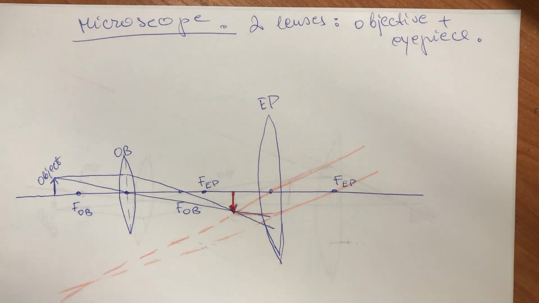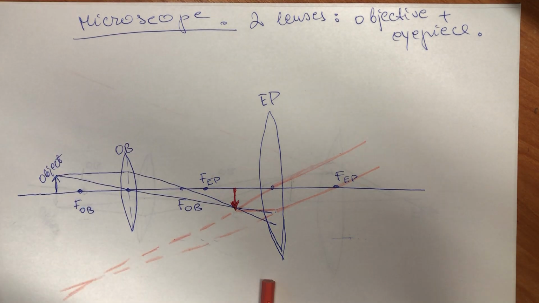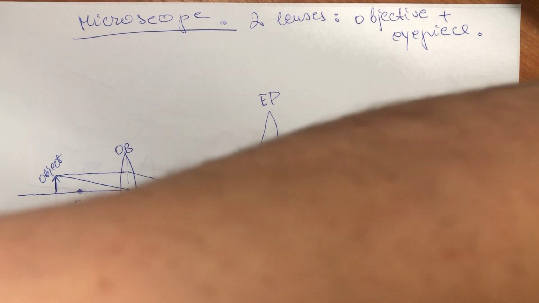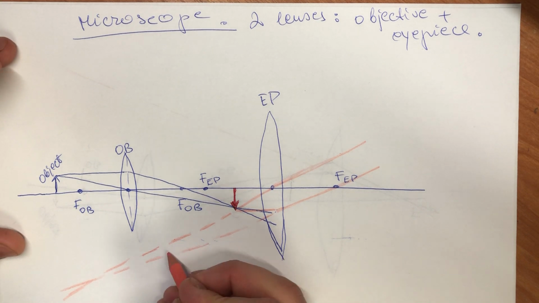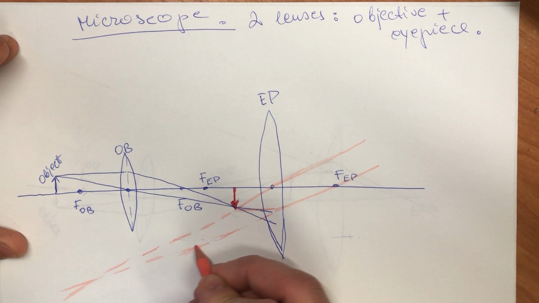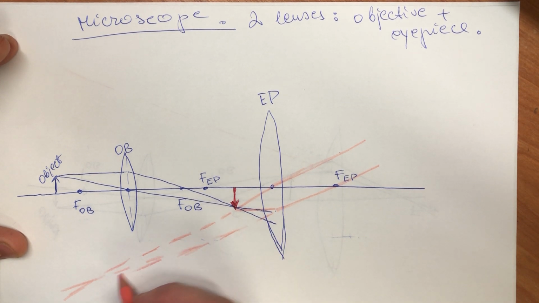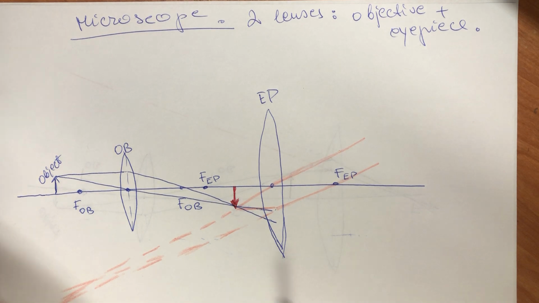This picture is not very nice because this is not that straight, so it should converge somewhere here.